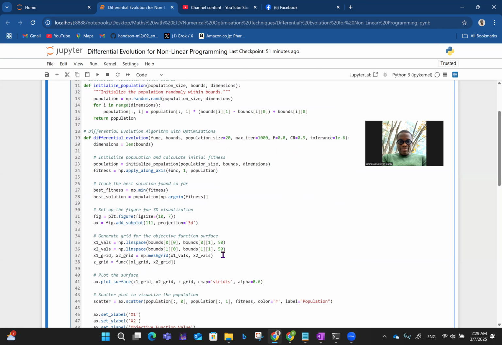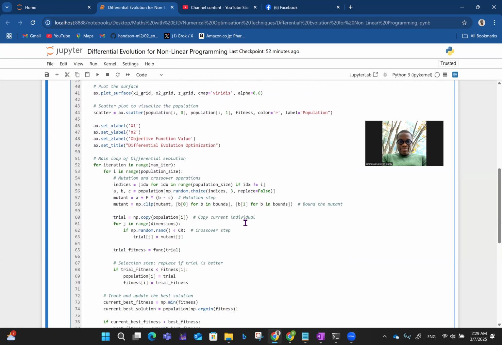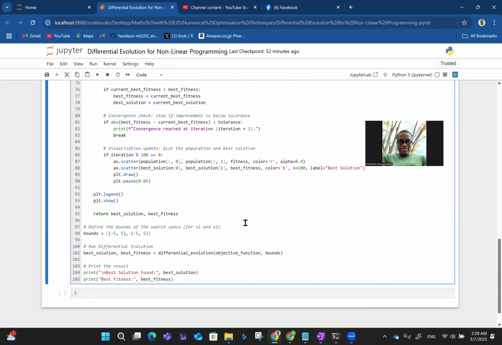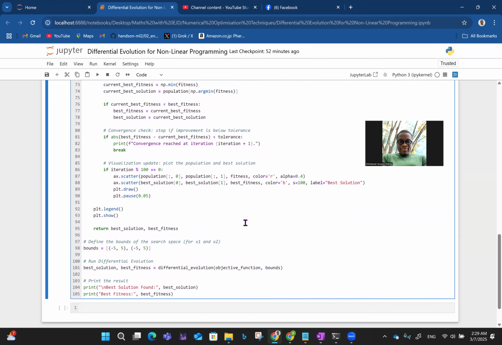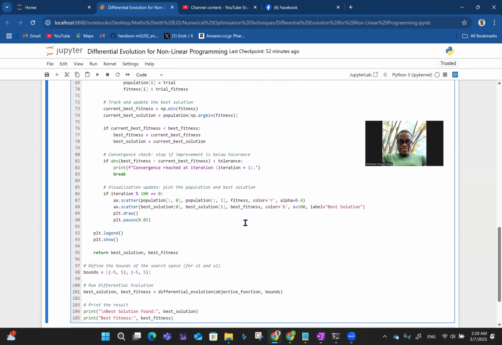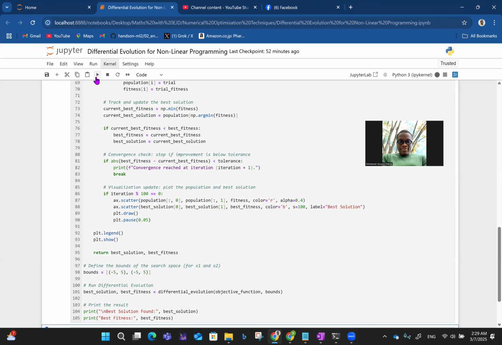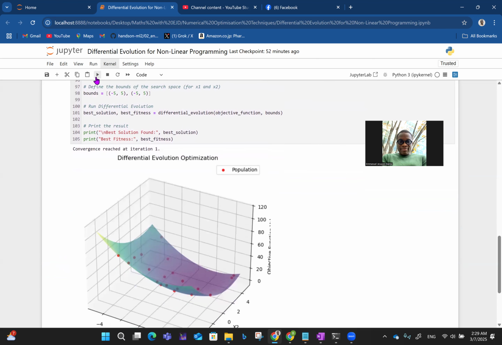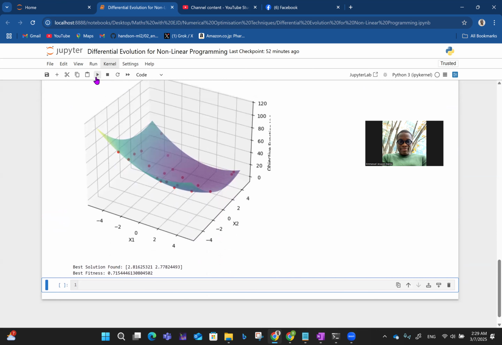And then we also want to visualize this whole thing, so you can study the code better. You can get it on Facebook, copy it to your own IDE and run it, maybe Jupyter Notebook or VS Code or any platform interface you use. With this in place now, we can visualize to see what's happening. We have our results bound between minus 5 and 5 for each of the parameters.